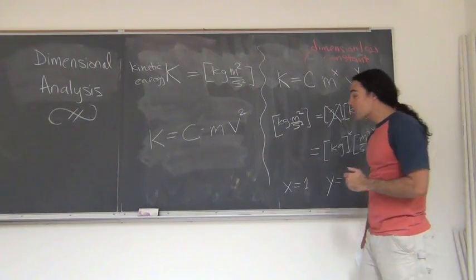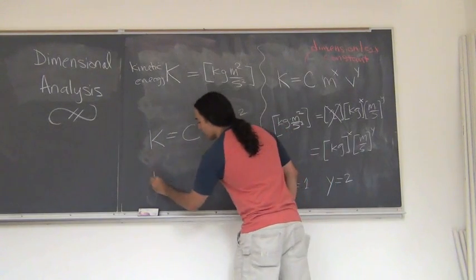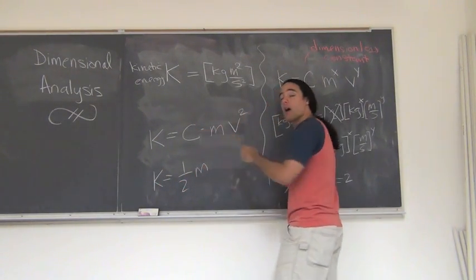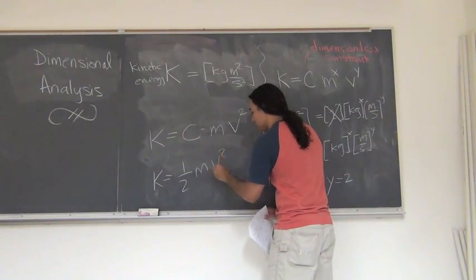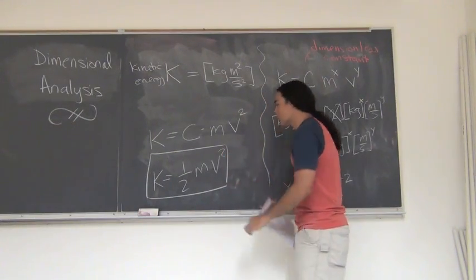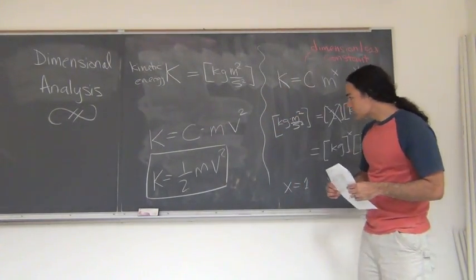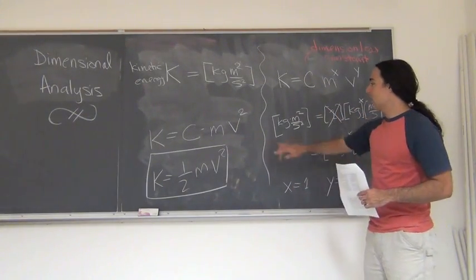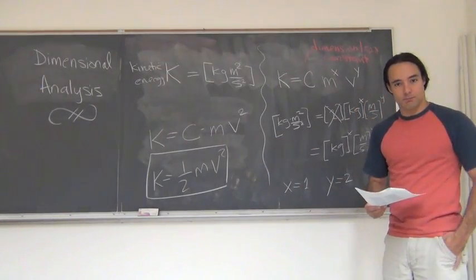It turns out your actual kinetic energy formula is very close to this. The only difference is the unknown constant, the dimensionless constant, is 1/2. So if you were to do this on an exam, if you were to get that far, you get a good chunk of the credit for that problem. Because I know you're understanding the physics and how to do dimensional analysis, even if you couldn't remember the exact equation.